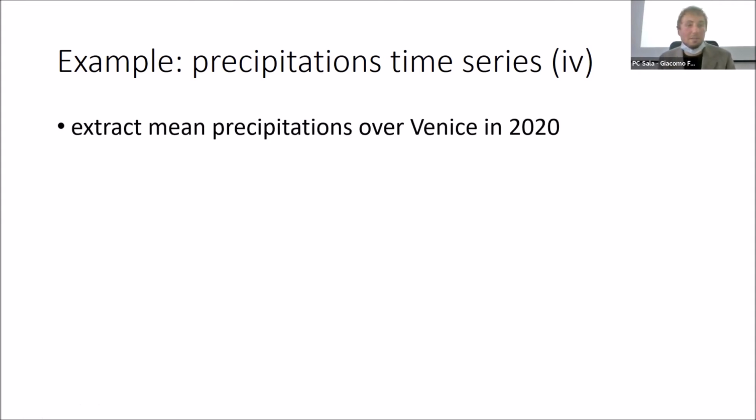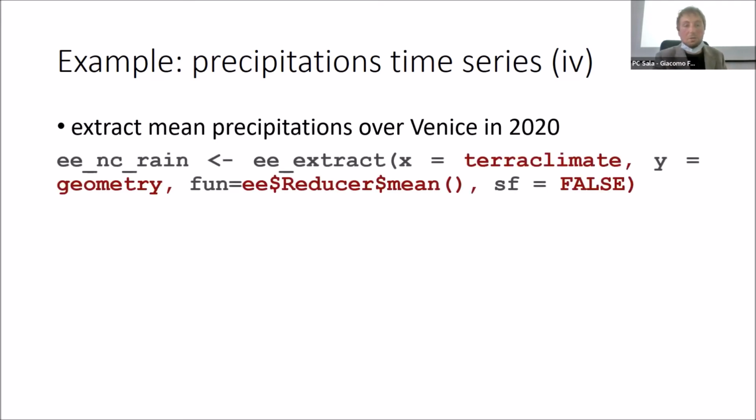And then in our exercise here, we want, for instance, to start with, to extract the mean precipitation over Venice in year 2020 for every month of the year. To do so, we use this very important function that you will be using, I think, very often in Google Earth Engine, which is ee.Image extract.